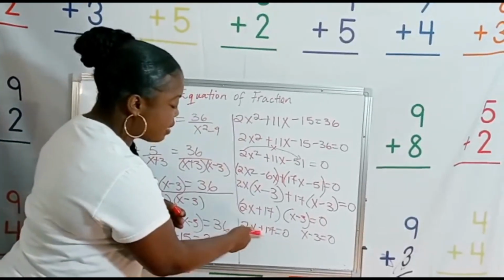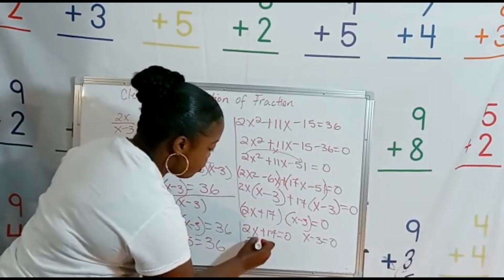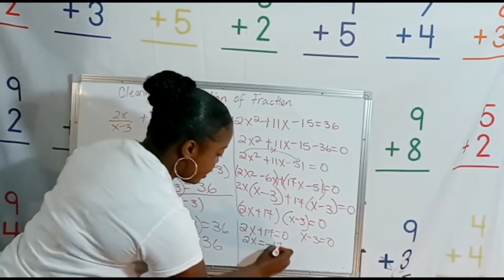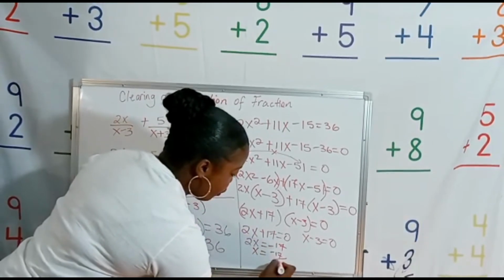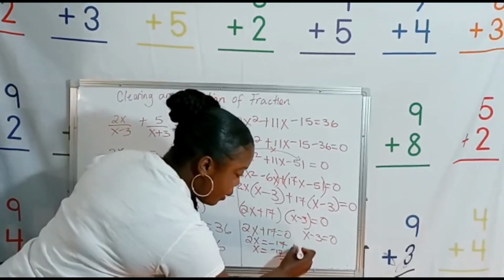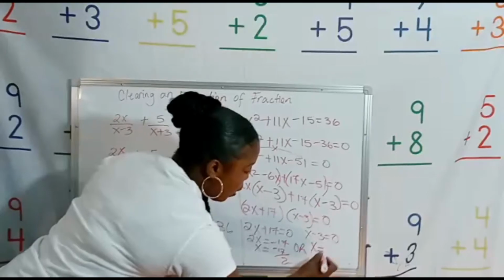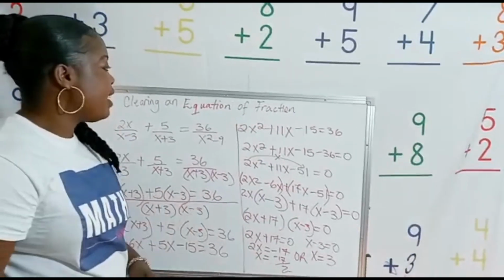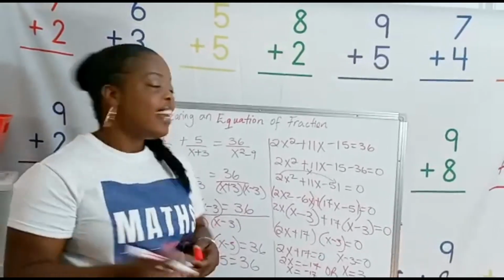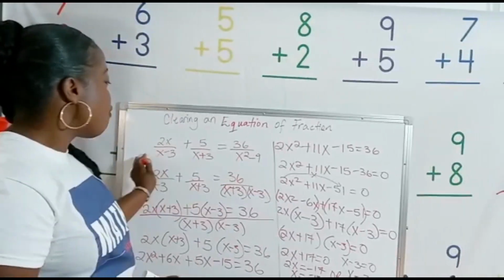So 2x plus 17 equals 0 makes 2x equals negative 17, and then x is equal to negative 17 over 2. Or my x is just equal to a positive 3. And this right here is how you clear an equation of the fractions.